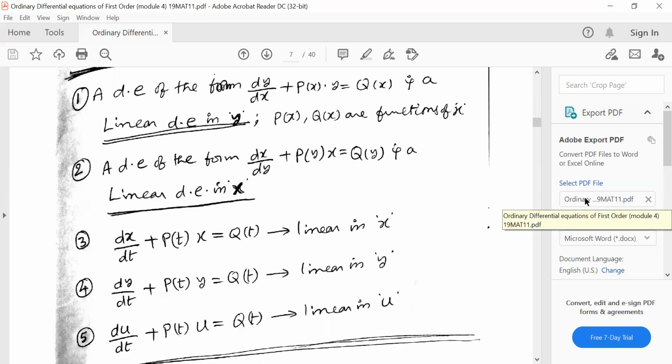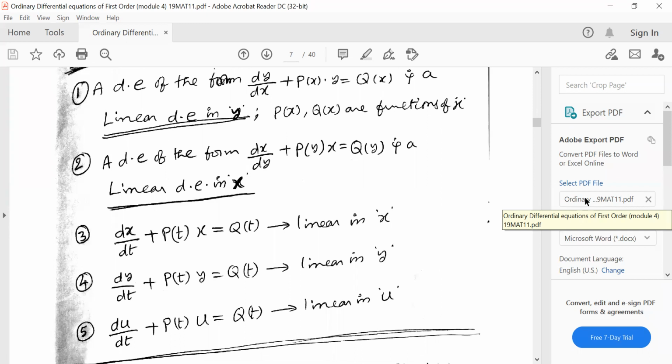If you see the third one, dx by dt is written. That means x is the dependent variable and t is the independent variable. In general, we have many problems wherein the independent variable is time, which is taken as t. That's why dx by dt terms will arise. All these three examples, the formats of the DE, are in terms of t, but the numerator variables are different.